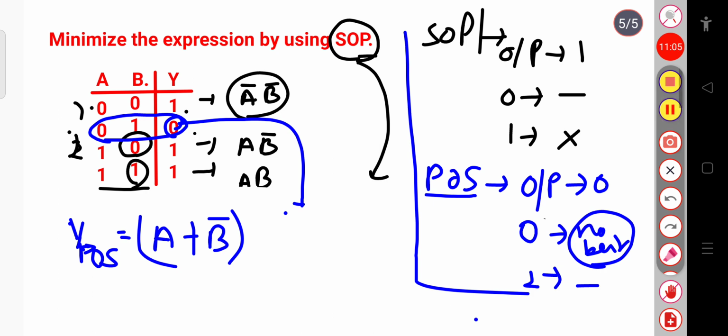Now in this case you can see there are 3 terms for SOP and only one term for POS. For SOP, suppose I am writing for 2 terminals, A and B, so this is a function of AB.